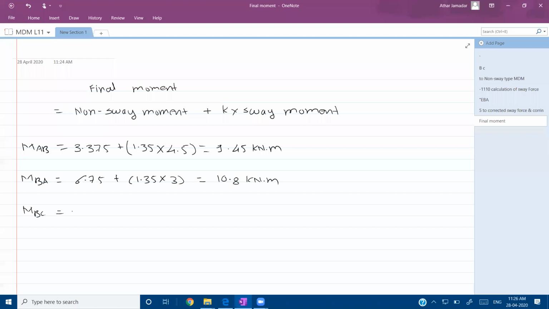MBC: the non-sway moment for MBC is minus 6.75 plus 1.35, which is the K, and the sway moment is minus 3, so this is going to be minus 10.8 kilonewton meter. And lastly, MCB is directly 0 because it is roller supported. So these are your final values of moment.